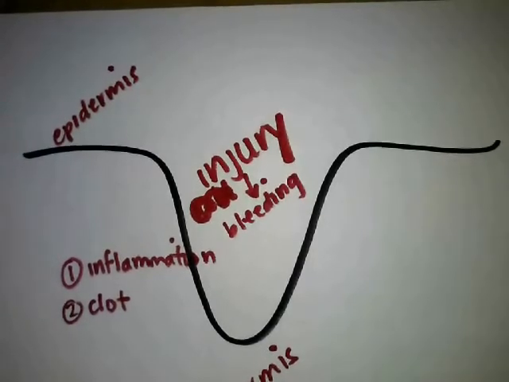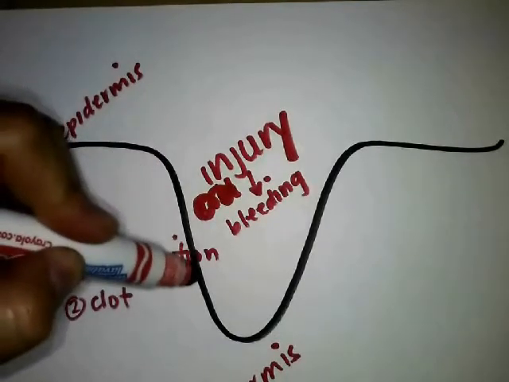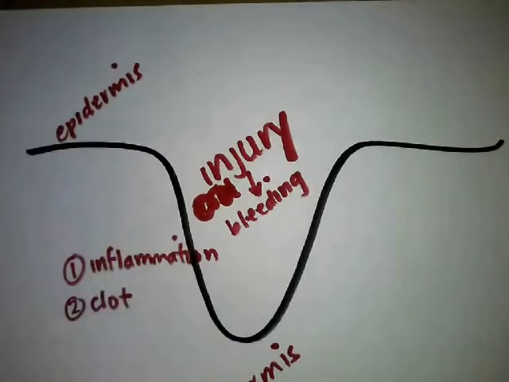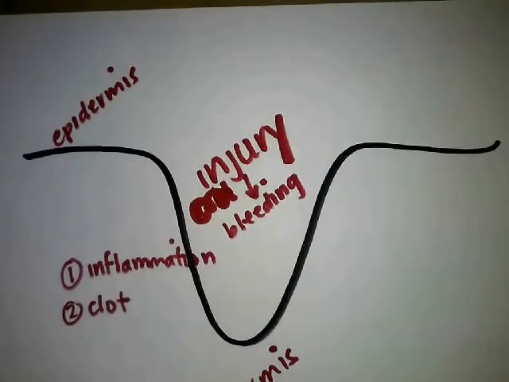Once these cells get into action at the site of injury, stem cells in the stratum basal and in the dermis are cells that can reproduce and form new skin tissue and new connective tissue so that your skin can repair itself.